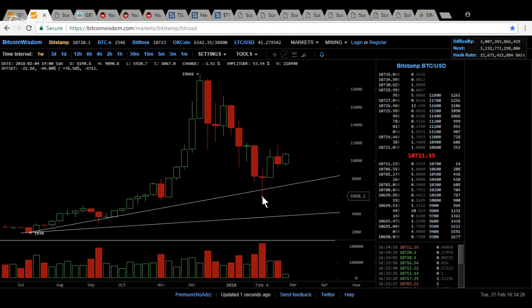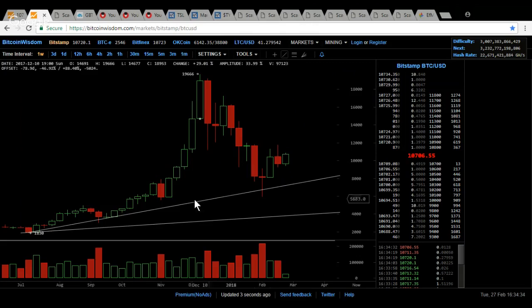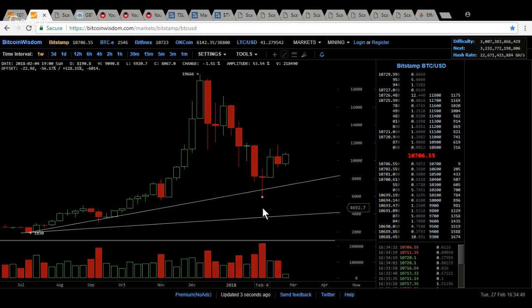I was very nervous, obviously, this week on this candle because we clearly broke down below my phase 3 line. At the time, I had that at around 6,300 and we dropped down to 5,900.